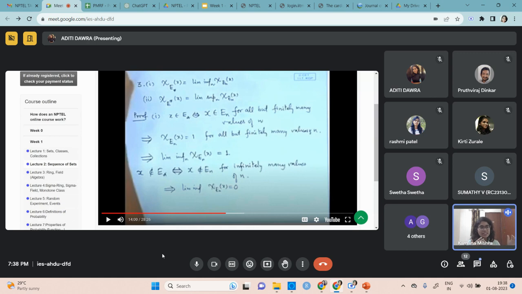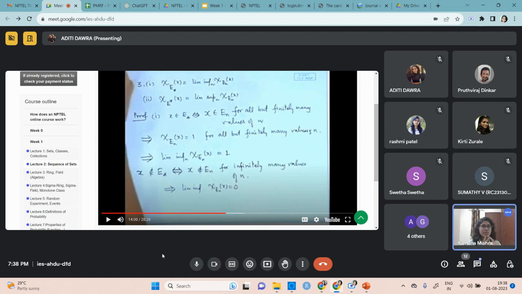So for all these, the indicator function is 1. When all the values are 1, when you take the infimum of it the answer will be 1. This is obvious, right? And similarly for the second case, because there can be only two possibilities, either x belongs to E star or x does not belong to E star. So we prove something for both: when x belongs to E star, and when x does not belong to E star.